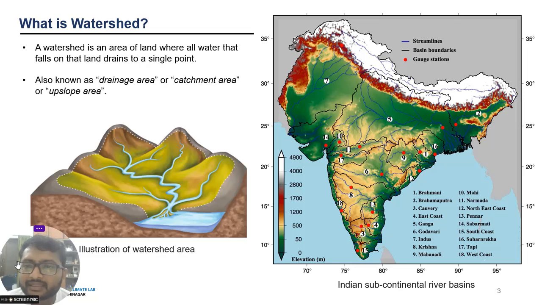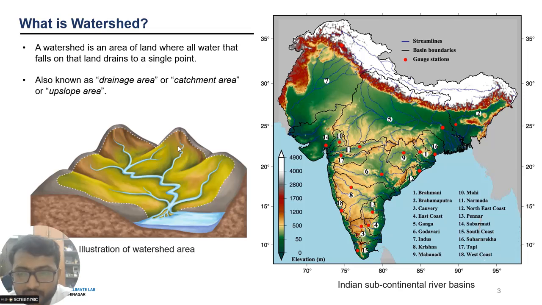This area is also known as a drainage area, catchment area, upslope area, and so on and so forth. Here you can see this is the point where all the water is coming, and this much portion is responsible for collecting water from this location.